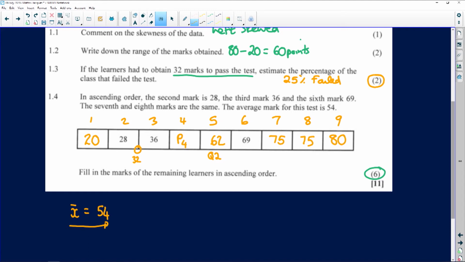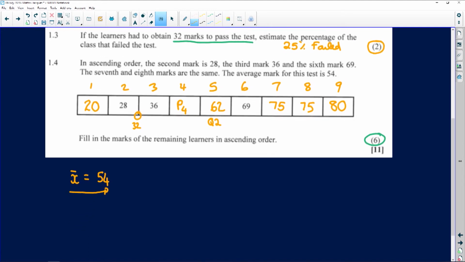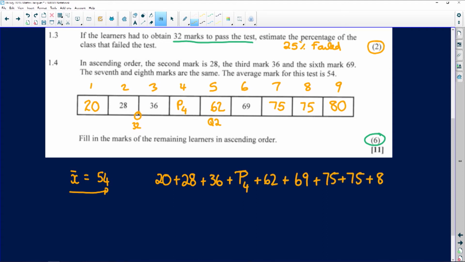Now, how do I find the median value? Well, I take 20, I add 28, I add 30, not median, sorry guys, the mean value, the average. I add 36, I add person number 4, I add 62, I add 69, 75, another 75 and an 80.